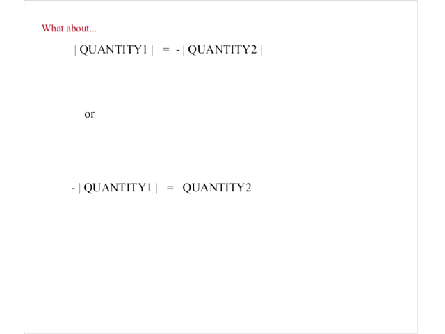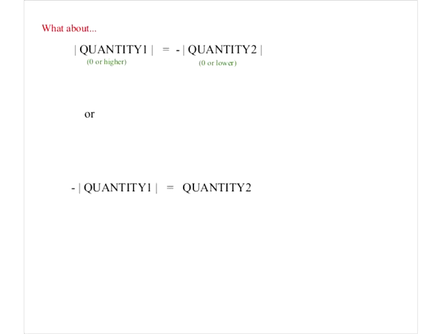Because this is an absolute value, which means this is either 0 or above. So again, let's take some small type. This is either 0 or higher. And this thing on the right, since it's a negative of an absolute value, is either 0 or lower.